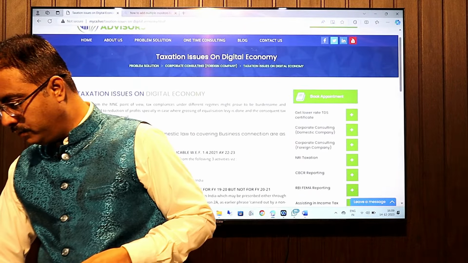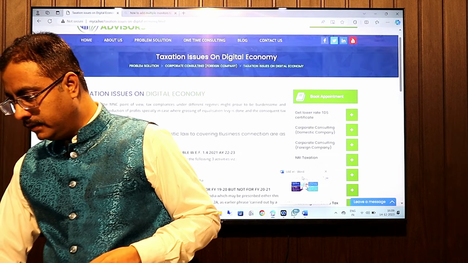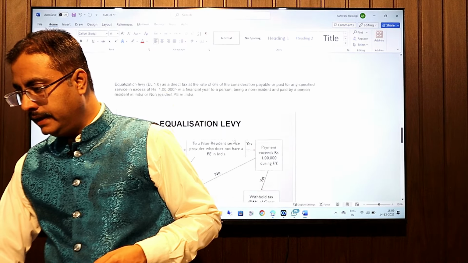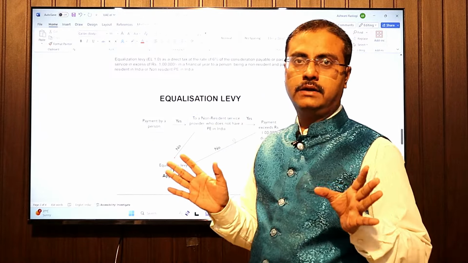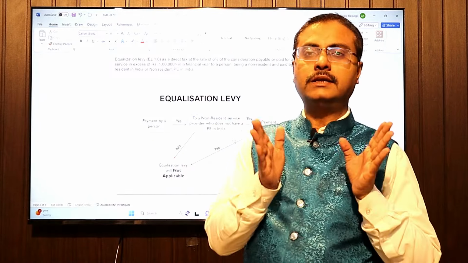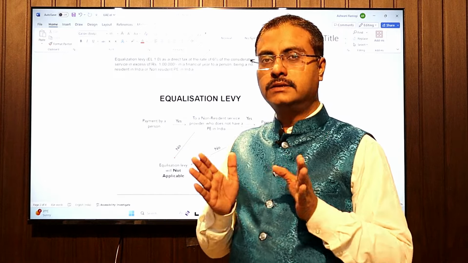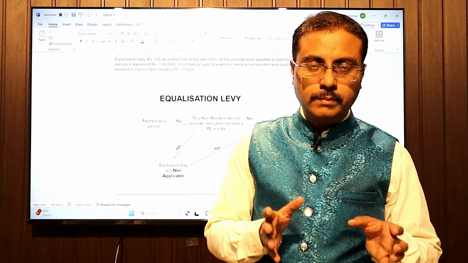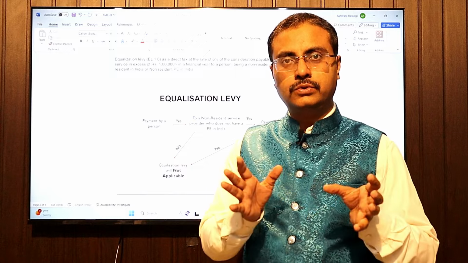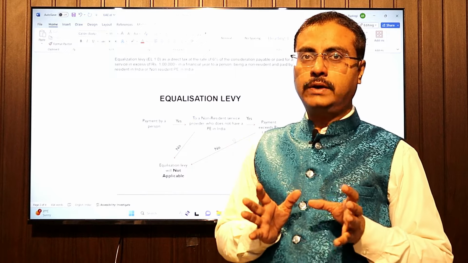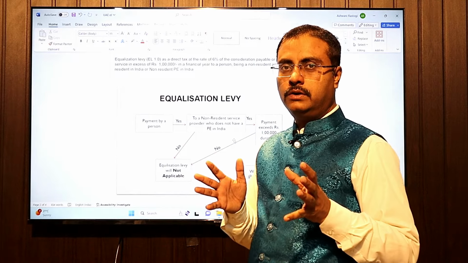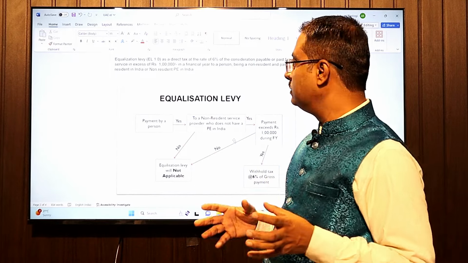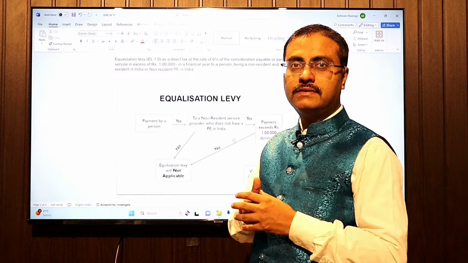So now I would discuss equalization levy. It is clear that either you are covered by explanation 2A or explanation 3A. As per the domestic taxation aspect, your income would be liable to tax as business income. But it might be possible you are availing some equalization levy scheme.